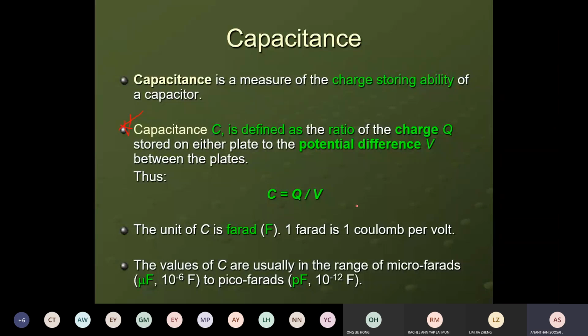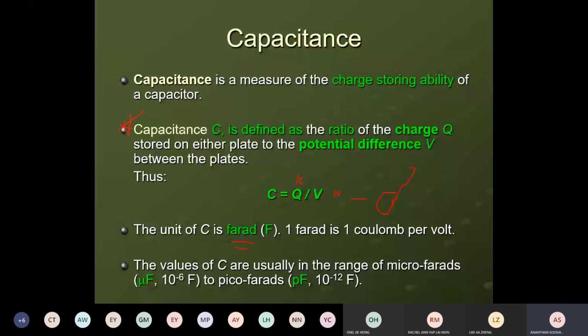The unit is a weird unit. We call it farad. Farad is the unit for capacitance. C being 1 farad means that when you apply 1 volt across the capacitor, the amount of charge stored in each plate is 1 coulomb. So this is the first important formula you learn.